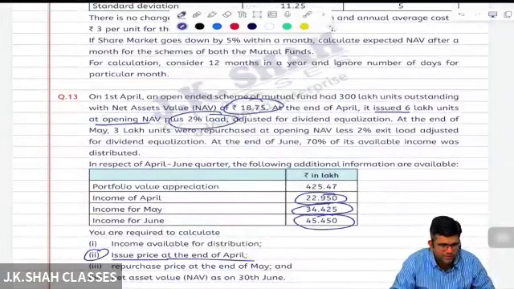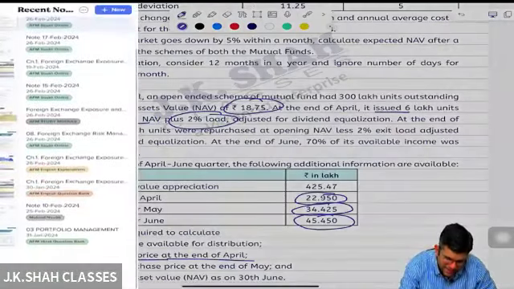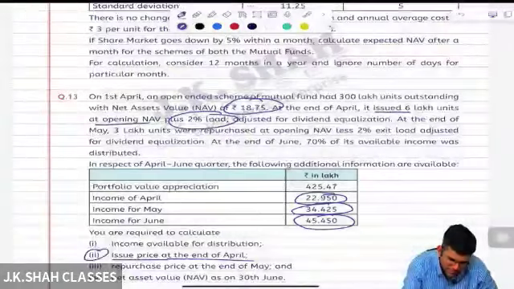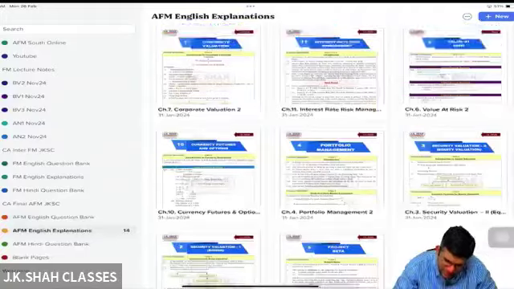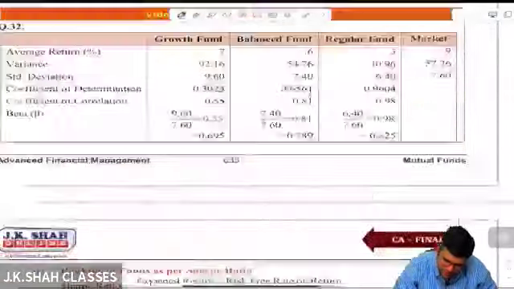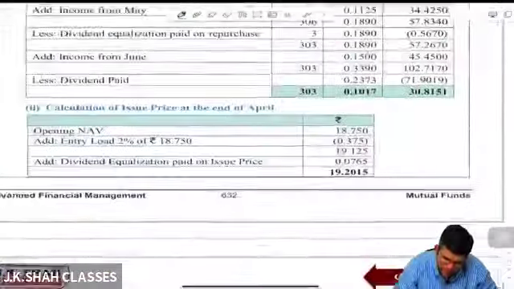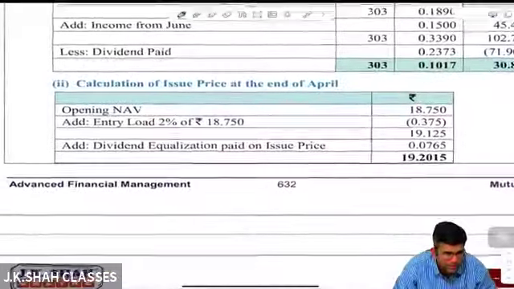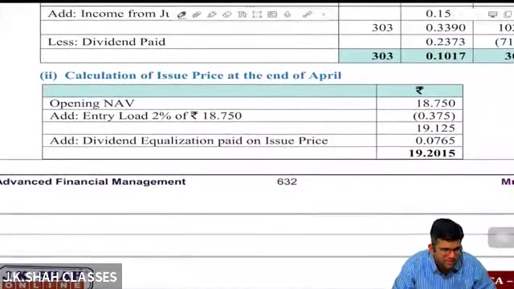Everyone clear? Following? So students, that now ICAI has done. You can copy it from here only. Students, check this calculation of issue price 19.2015. This is ICAI presentation. Please complete this.